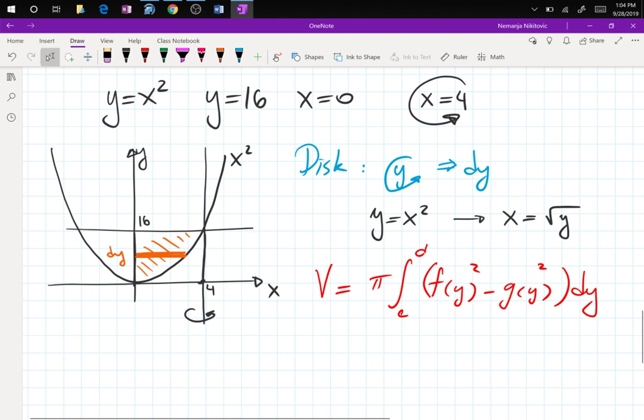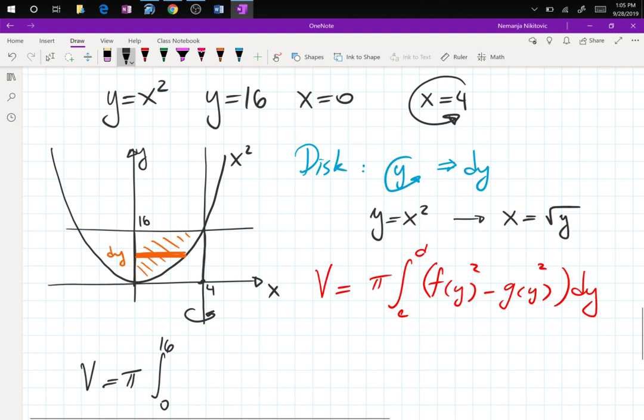Now, I just have to think a little bit because it's on this side. So dy is going to go 0 to 16. So volume is pi, a single pi because we're doing the washer, integral from 0 to 16 because it goes from the bottom all the way up.